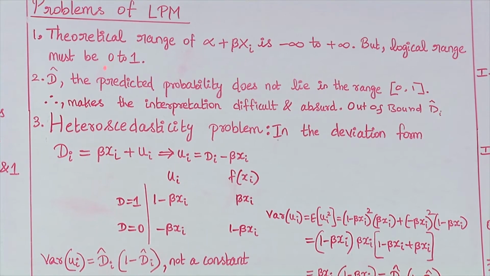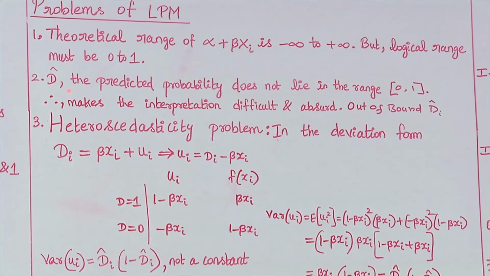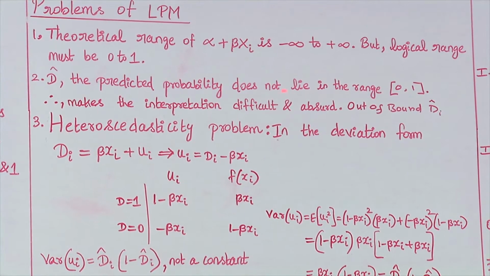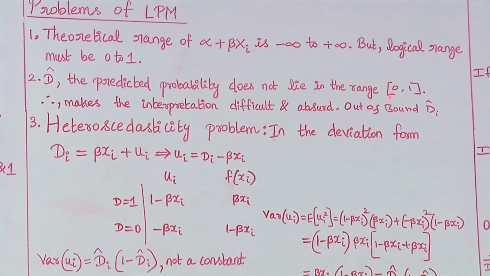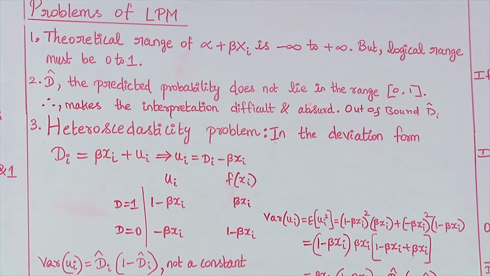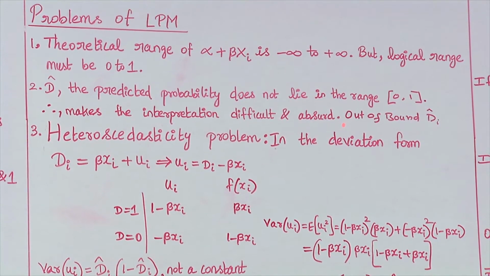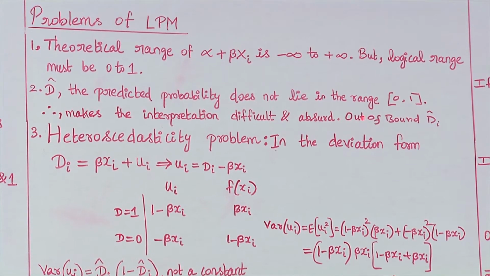So, if D hat, the predicted probability, does not lie in the range 0 to 1, that will make the interpretation difficult and sometimes absurd. So, this is a real possibility that Di may be out of bounds most of the time.